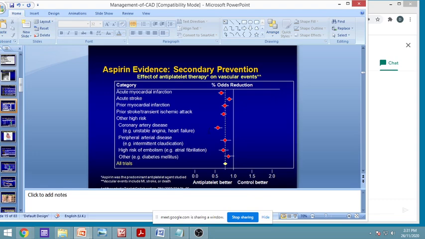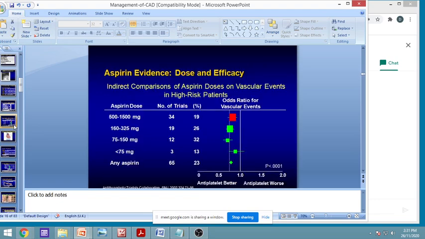It is very beneficial in coronary artery diseases, and it is not that effective in things like intermittent claudication in peripheral artery diseases. It is not very effective in high risk embolism like atrial fibrillation, and they are rather not preferred in case of diabetes mellitus. So this odds ratio is a statistical way by which we try to understand what will be the odds, what will be the benefits, and what will be the losses. This odds ratio shows very clearly that this will show the benefit in the people.